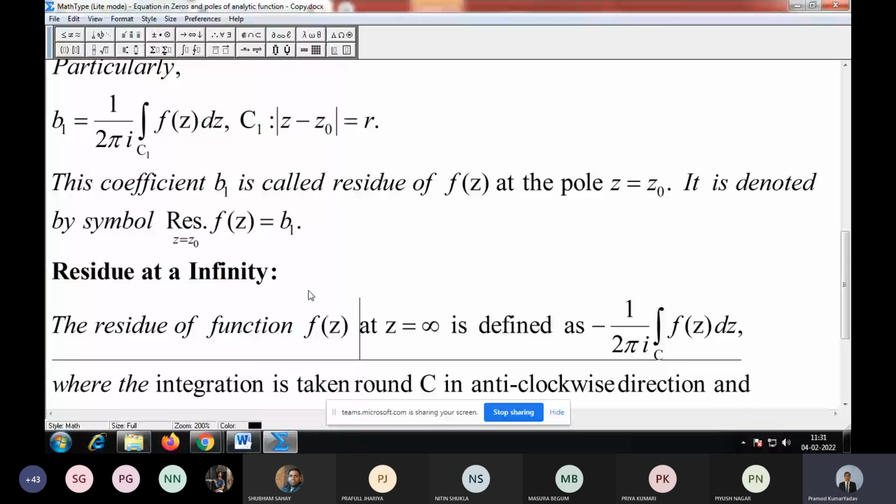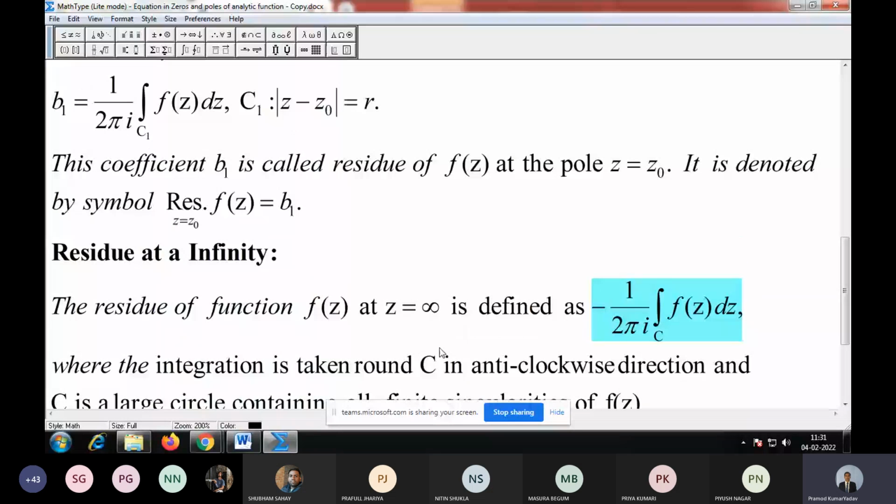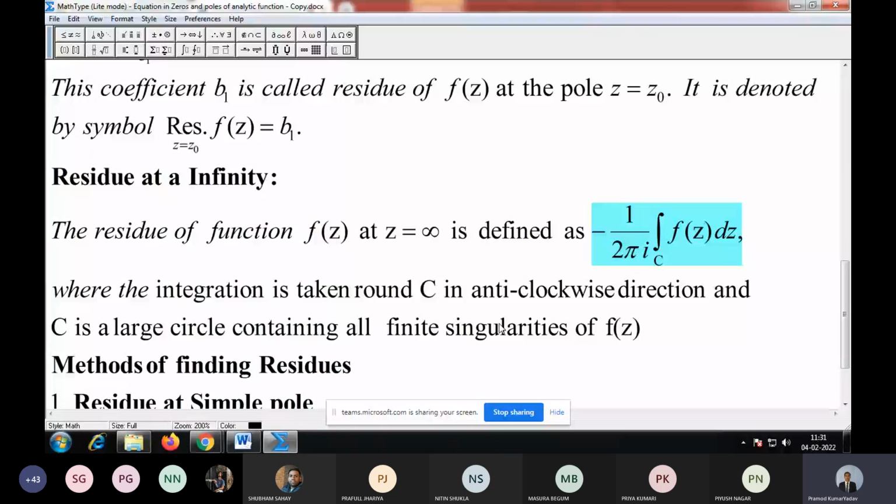The residue of the function f(z) at z equals infinity is defined as minus 1 upon 2 pi i times the integration of f(z) dz, where the integration is taken around C in the anticlockwise direction, and C is a large circle containing all finite singularities of f. So if someone asks to find the residue at infinity, then we may use this formula and we can get it.